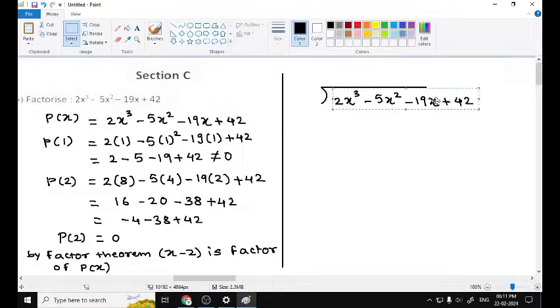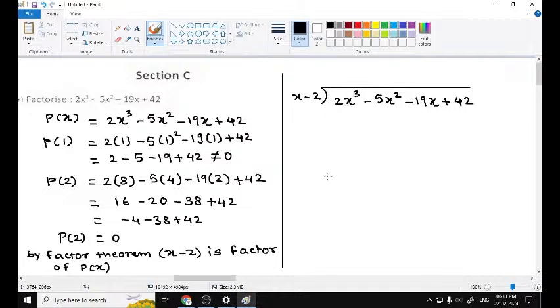Let us divide this polynomial by the first obtained factor, and that factor is x minus 2. At 0 is 2, the factor formed is x minus 2.